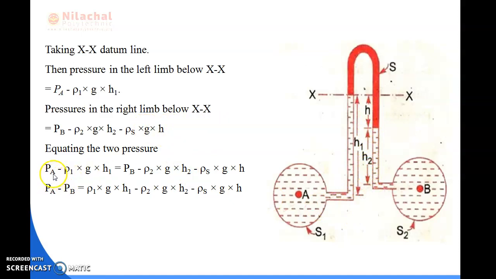So you get PA minus rho 1 G into H1 is equal to PB minus rho 2 G into H2 minus rho S G into H. Our aim is to calculate the pressure difference PA minus PB, so you will get rho 1 G into H1 minus rho 2 G into H2 minus rho S G into H. This is the final equation.